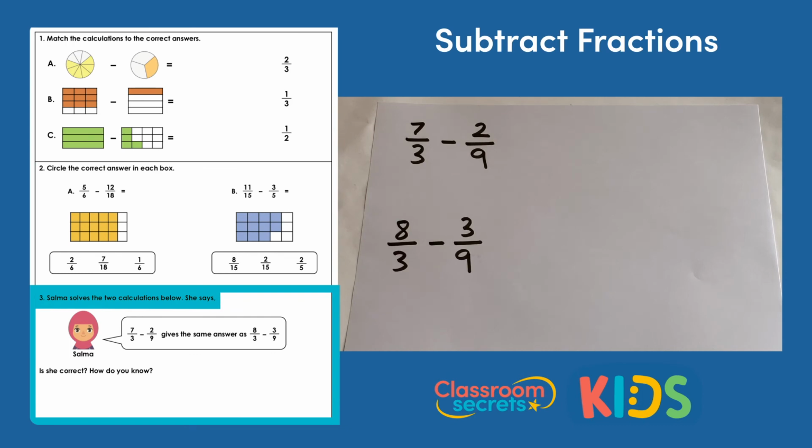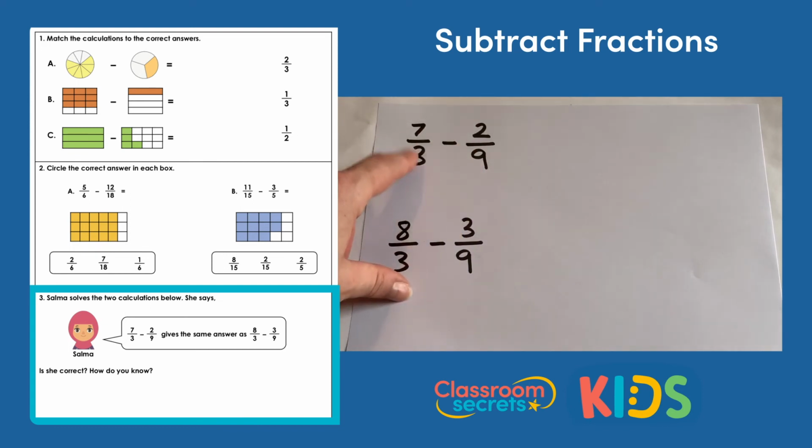Question 3 says Salma solves the 2 calculations below, and she says that 7/3 take away 2/9ths gives the same answer as 8/3 take away 3/9ths. Is she correct? Let's have a look at these calculations. We have 7/3 take away 2/9ths and 8/3 take away 3/9ths. So we have thirds and ninths. So we're going to need to convert the thirds into ninths.